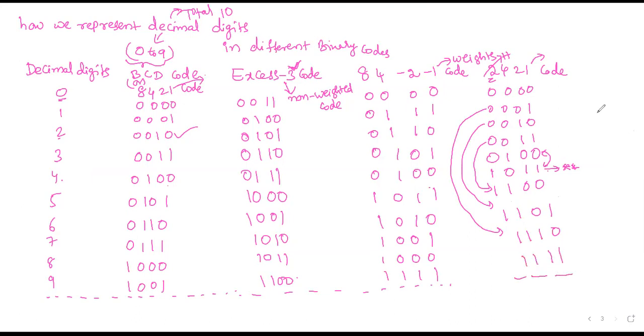See, 2421 and 8 4 minus 2 minus 1 are known as self-complementary codes.